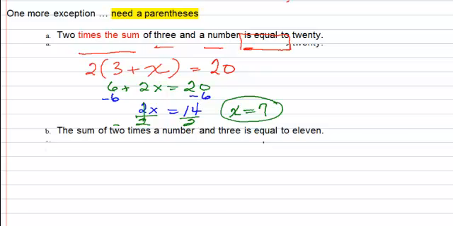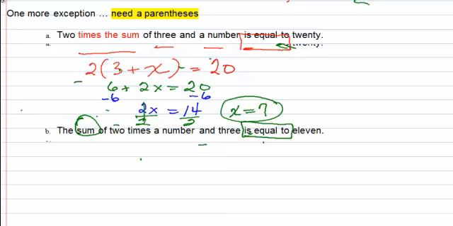The next one, same process, but again, we have to read carefully that we are doing what we're supposed to be doing. So this says the sum of 2 times a number and 3 is equal to 11. So we identify, here's our "is equal to," so there's our equal sign. We see that we've got a sum, so we're saying the operator first, and then what are we adding?